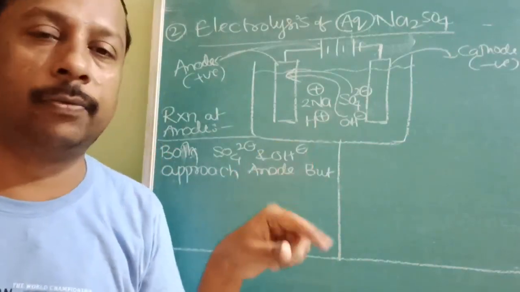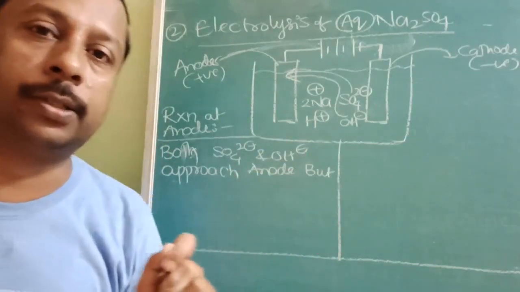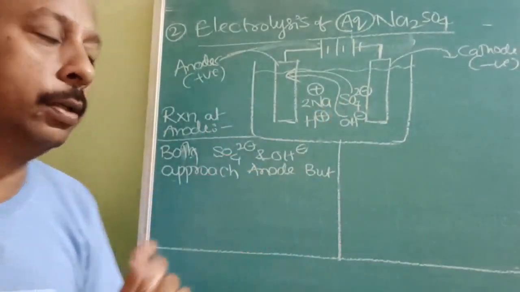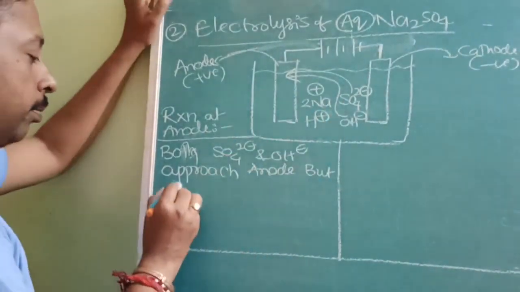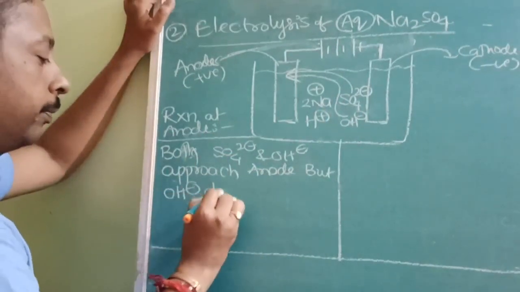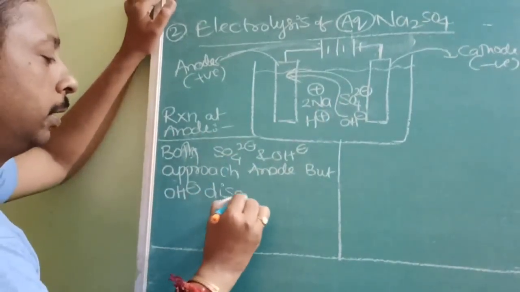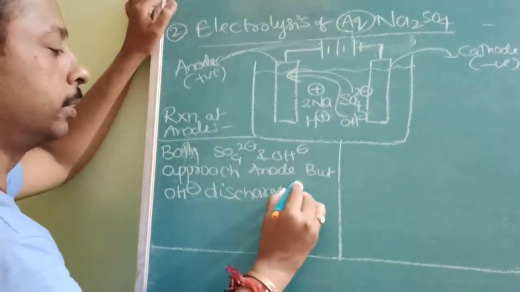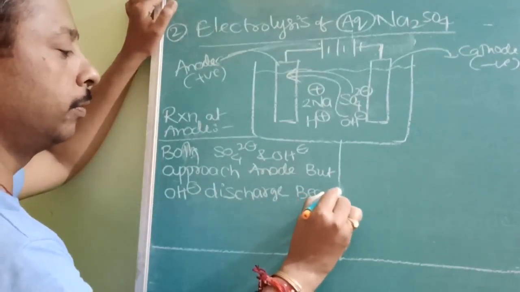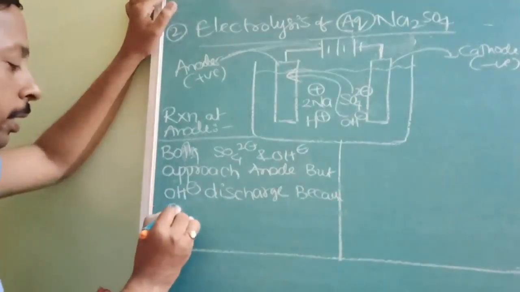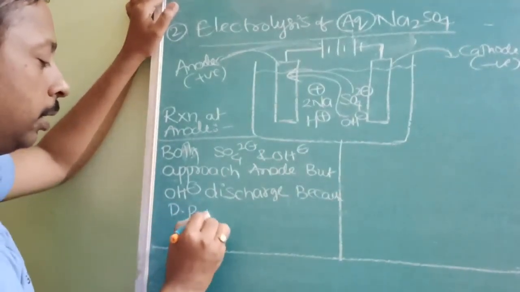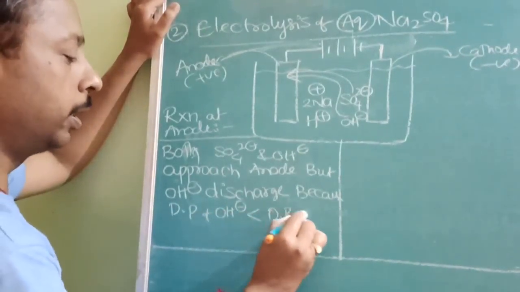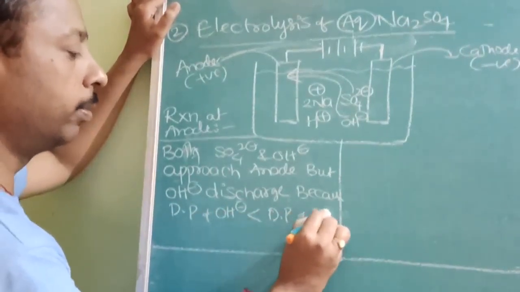Now it is for you to decide which is the better one. There is a series I have given, showing which is easiest to discharge among SO4 and OH minus. OH minus discharges. How will I come to know that from the series? Because the discharge potential of OH minus is less than the discharge potential of SO4 2 minus.